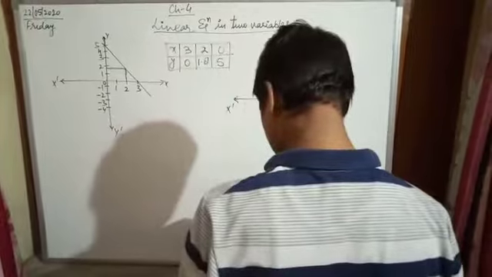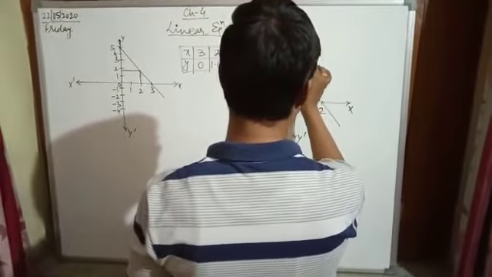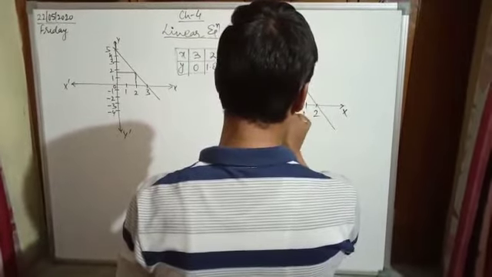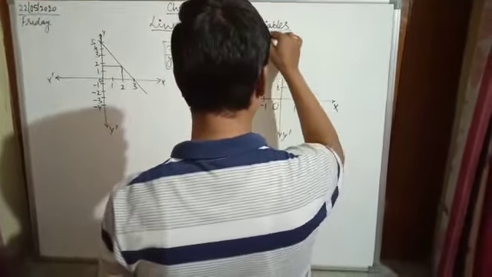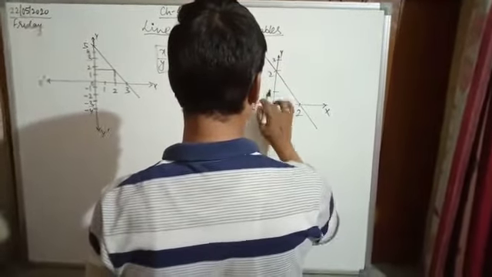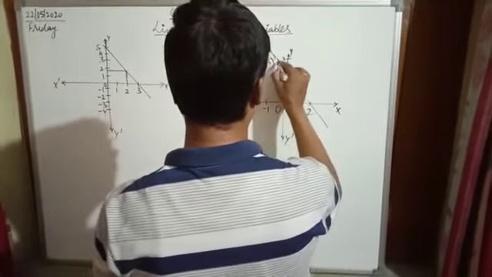This is the origin, 1, 2, and suppose this one is 0.3, this is -1, and here the point is suppose -1, 3.